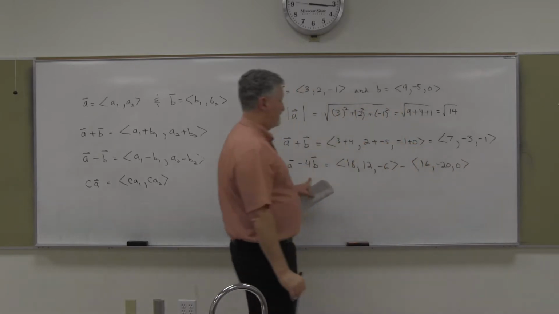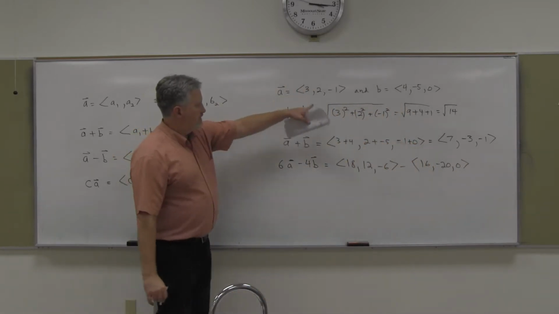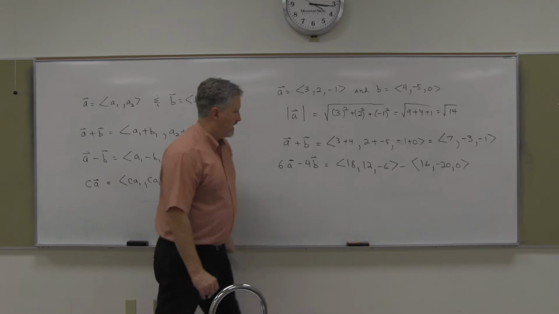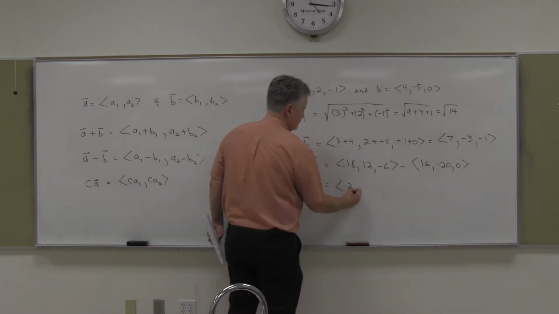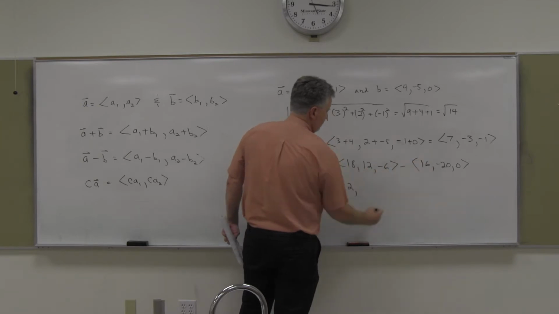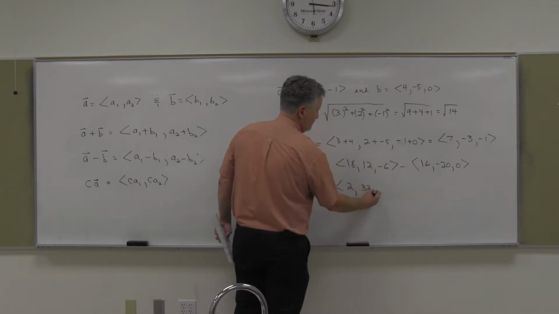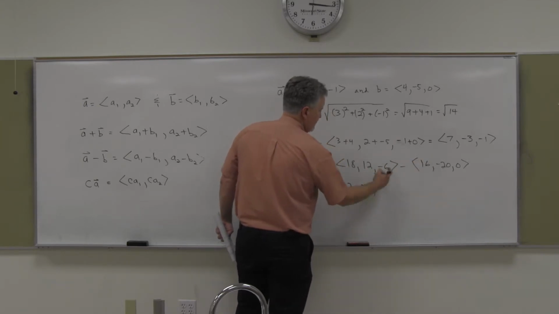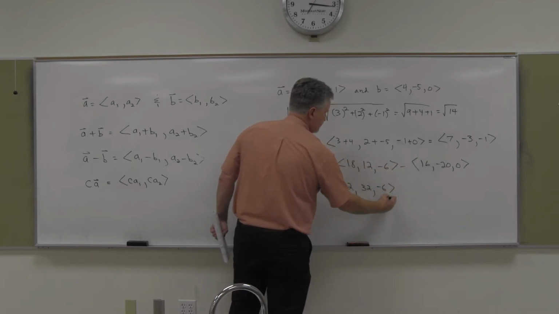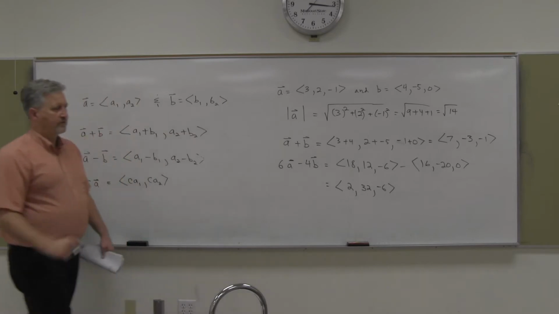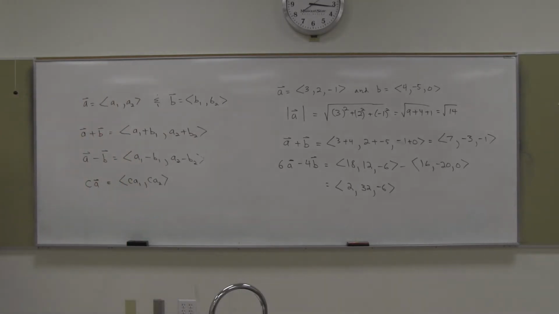So 6 times those, and then 4 times those, and then I'm just subtracting the components. 18 minus 16 is 2. 12 minus negative 20 would be positive 32. And then negative 6 minus 0 is negative 6. Does that sound right? We can do that sort of thing fairly easily.